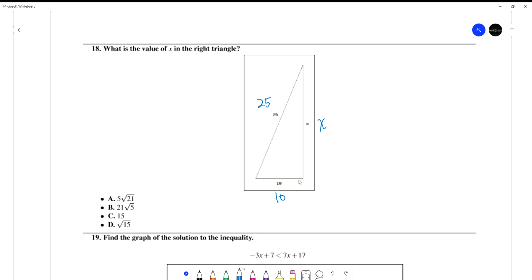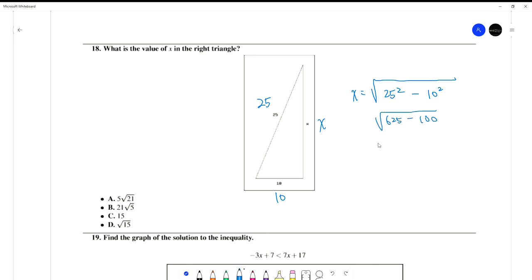So remember, in a right triangle, you can use the Pythagorean theorem. That means the hypotenuse squared minus the leg squared gives us x squared, right? So x is equal to the square root of the hypotenuse squared minus the other leg squared. So 25 squared is 625 minus 10 squared is 100.